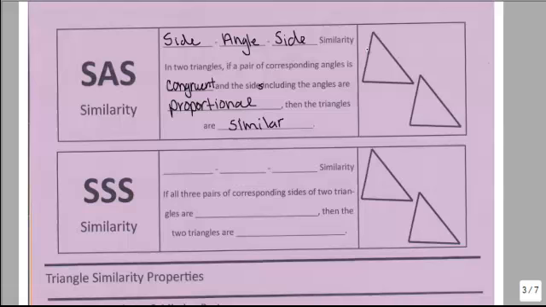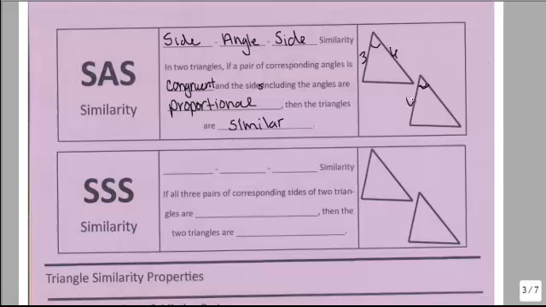So if we know that this side is proportional to this side, that this side is proportional to this side, and that this angle is congruent to that one, then you know they are similar. So this is one way that you can denote proportional sides if you do not know them. Another way that you can see it, because remember, they're proportional. So let's say our original triangle was 3 and 6, and let's just say that we doubled it.